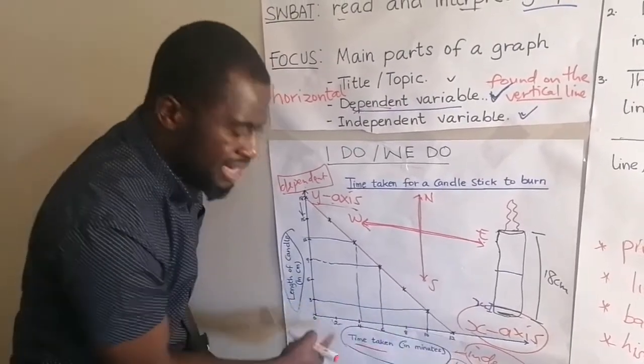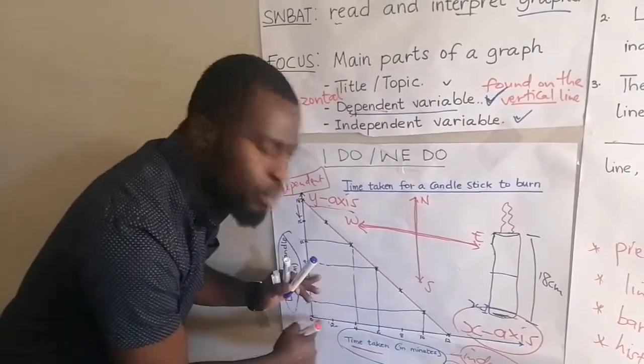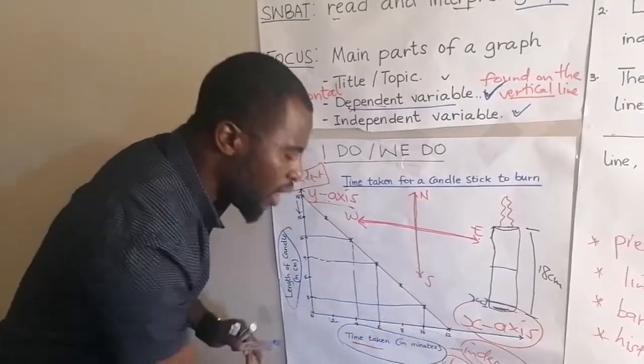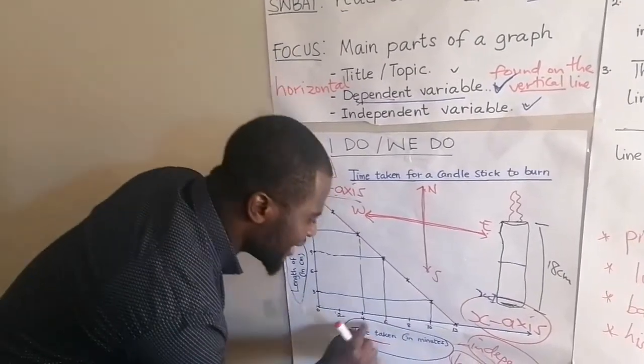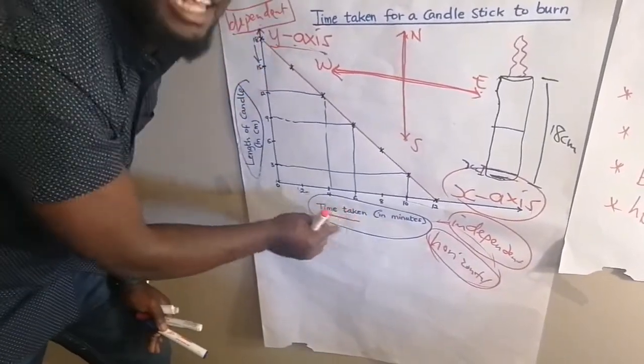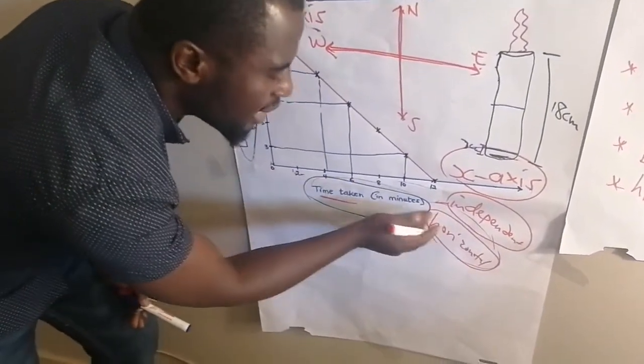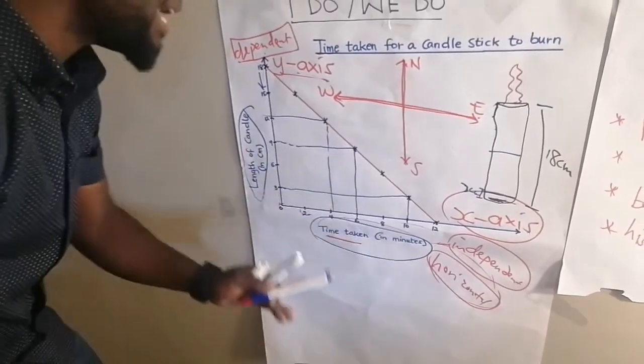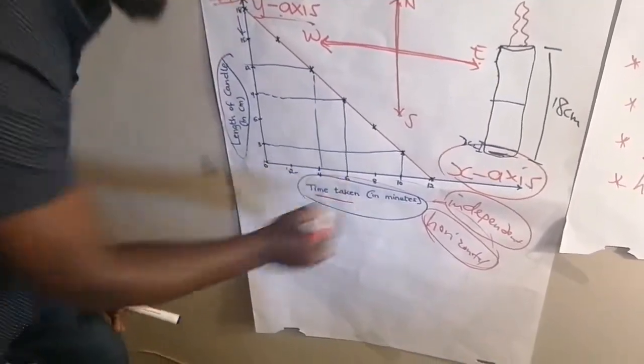Yes, these are our independent variables, but together, how do we call 2, 4, 6, 8, 10, 12? We call them the time taken in minutes. So you copy everything here down as your independent variable. You don't just give the numbers.